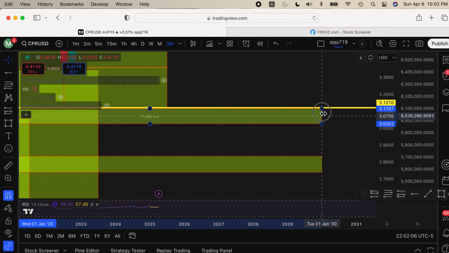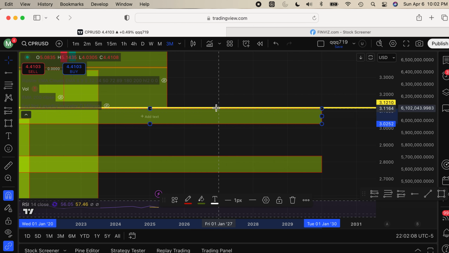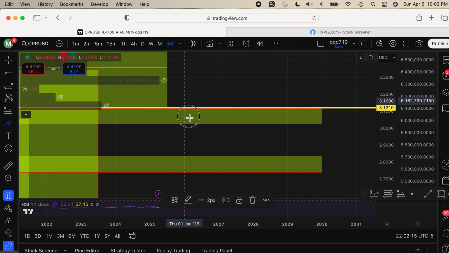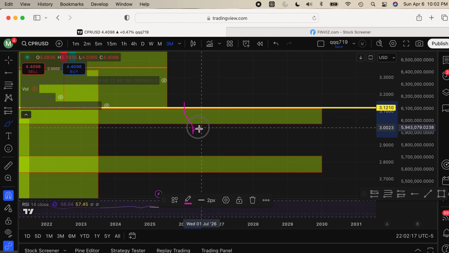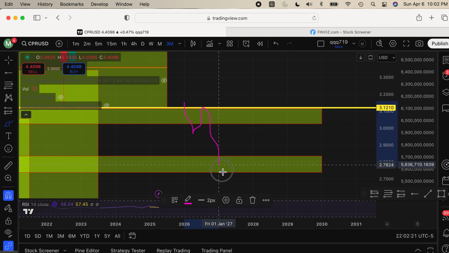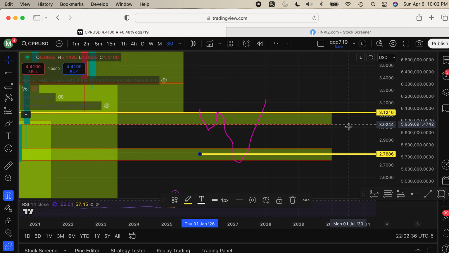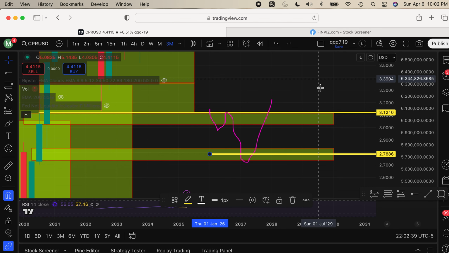And the only reason that we would go down to this area is if we were to somehow come down here and then find resistance above it, then we will come down to this area. You'll buy in this area, either below it or at 50% encroachment is what he calls it, the 50% mark. Remember I talked about that. So 278. So we got 312 and 278 on CPR USD.